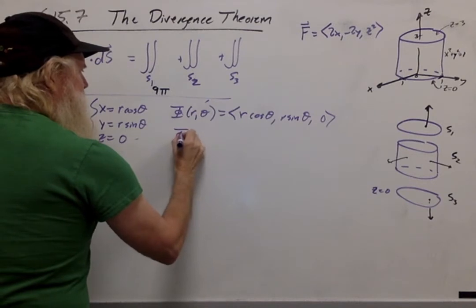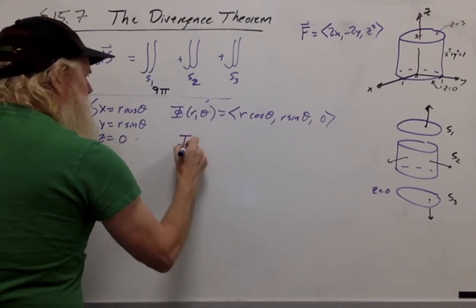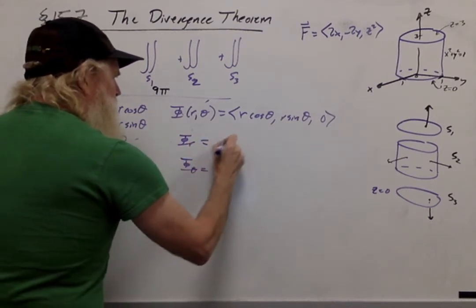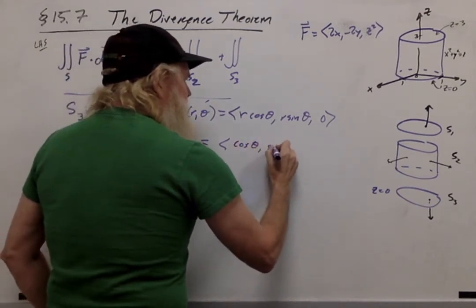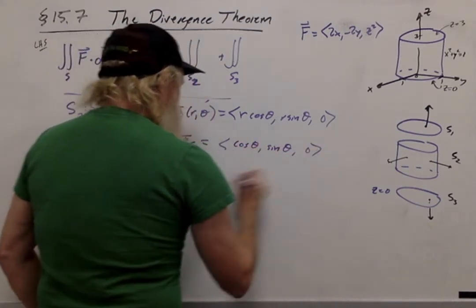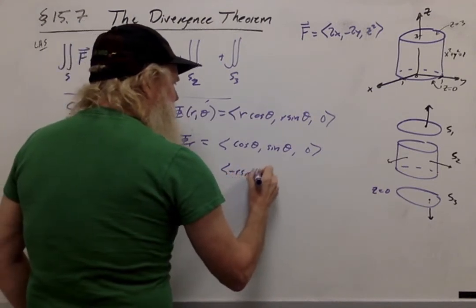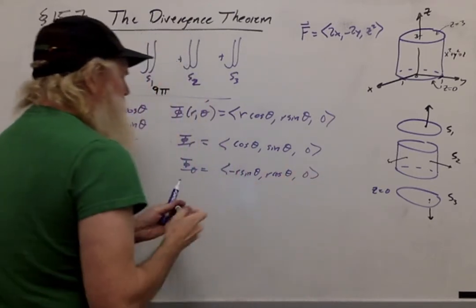Now once again, let's take our partial derivatives and then find their cross product. The derivative of phi with respect to r is cosine theta, sine theta, and 0. The derivative with respect to theta is negative r sine theta, r cosine theta, and 0.